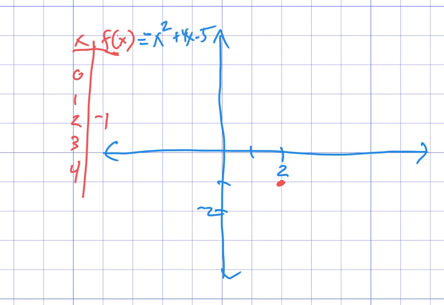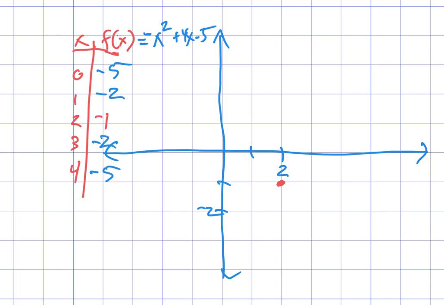If I put 0 into that, I'm going to have 0 plus 0, so it's going to be negative 5. So this is negative 5, and it's symmetric, which means this one's negative 5. And I got to put in the other one. If I put in 1 into this equation, 1 squared is 1, so negative 1 plus 4 is 3. 3 minus 5 is negative 2, so this is negative 2, which means this one's negative 2.